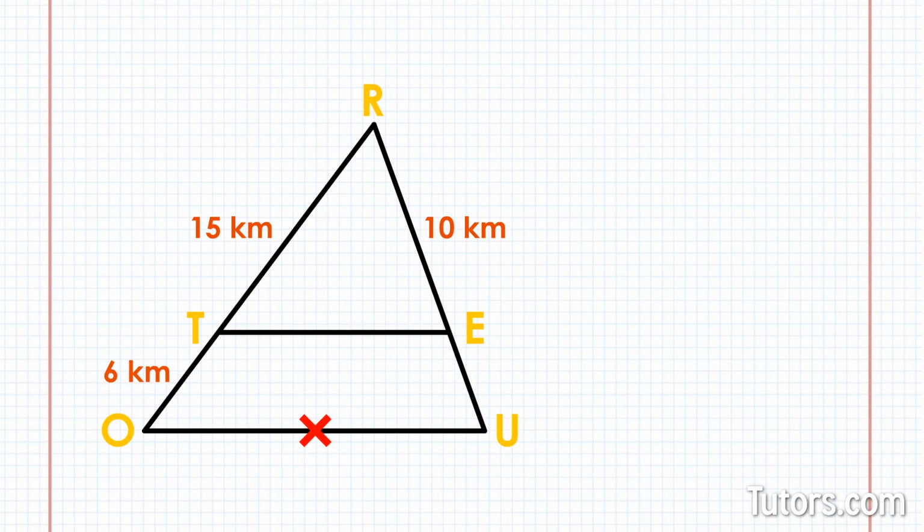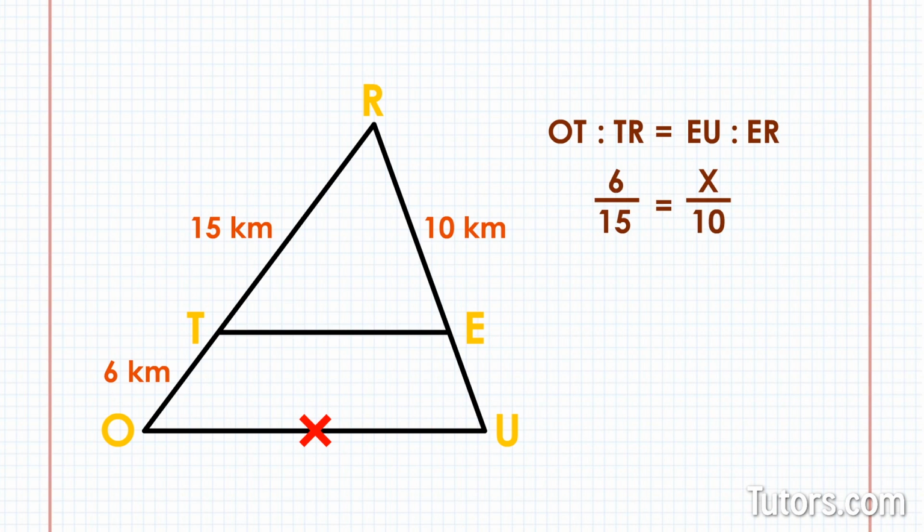Here's everything we know. OT to TR equals EU to ER. We can write this as a fractional proportion like this. 6 divided by 15 equals X divided by 10. All you have to do is solve the proportion.